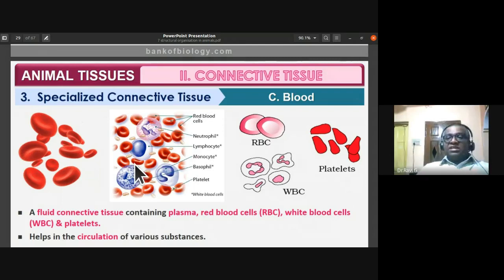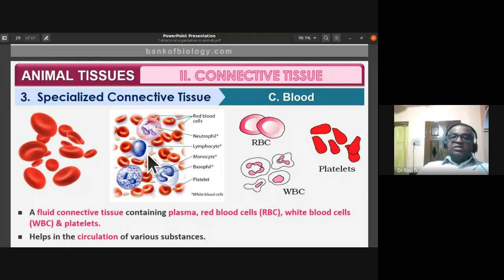Just like in plants, where xylem and phloem are the water conducting and food conducting tissues, blood is also a food conducting tissue. It also helps in the exchange of respiratory gases. It supplies oxygen to each and every cell and removes carbon dioxide. Blood also removes nitrogenous waste.